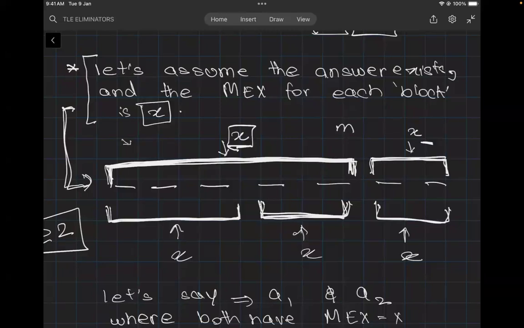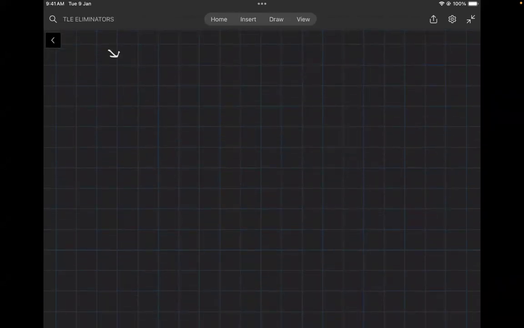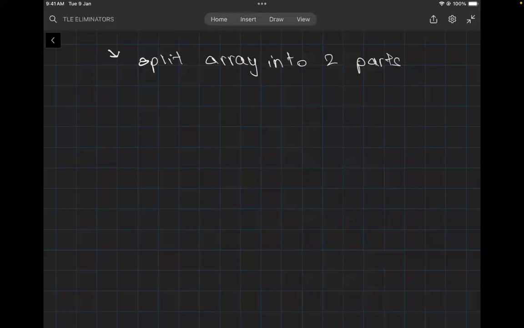Great. Okay. Now, what has our problem boiled down to? Our problem has boiled down to: split the array into two parts such that the max is the same.